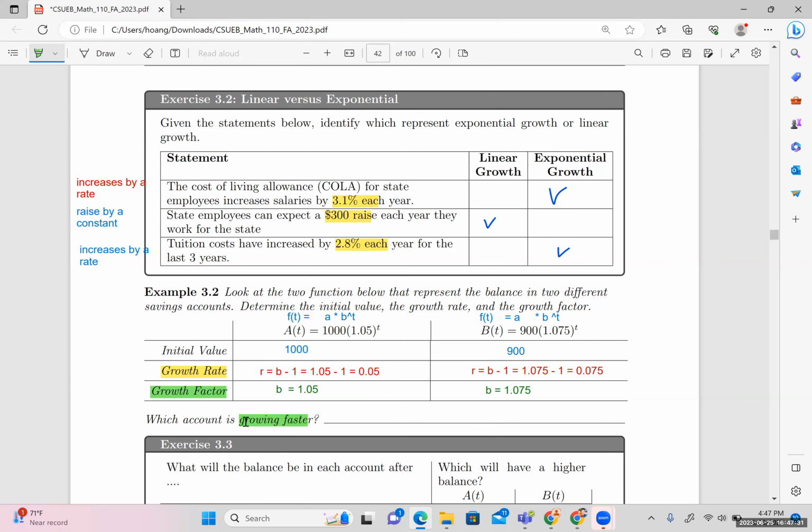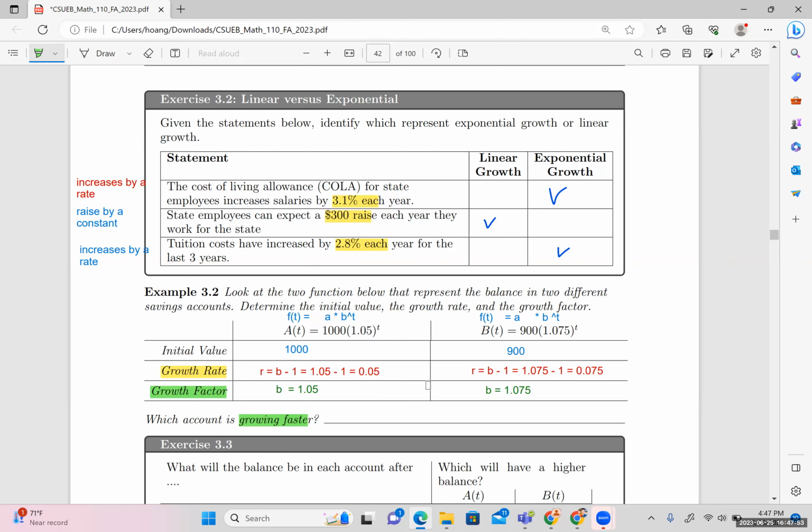So in here, company B has growth rate 0.075, which is greater than company A, which has 0.05.